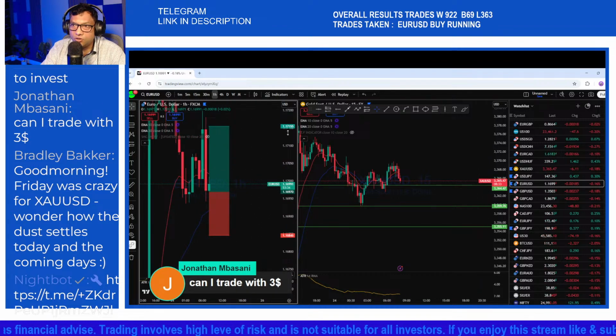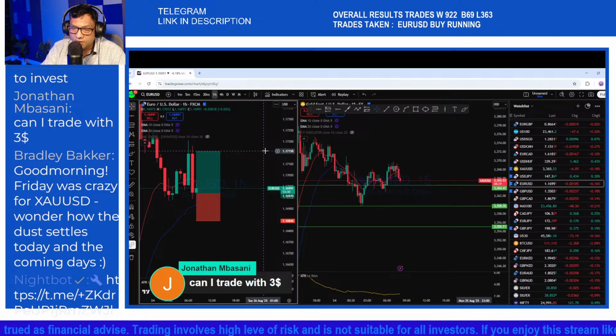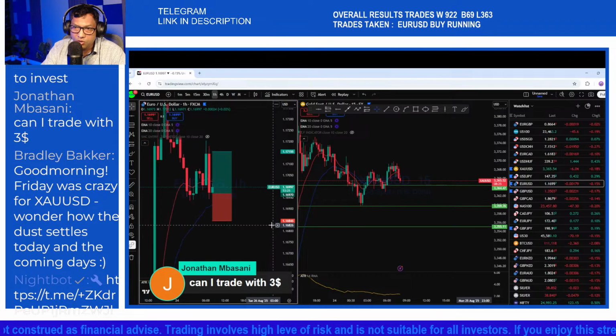Here's the candle close here on the 1 hour with a bearish engulfer. Now the question is how much move we can expect here.